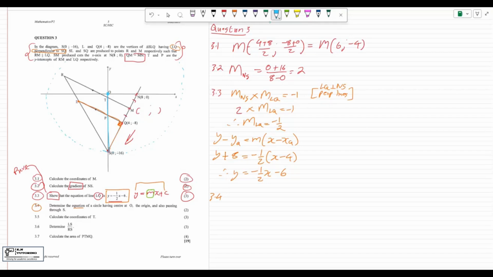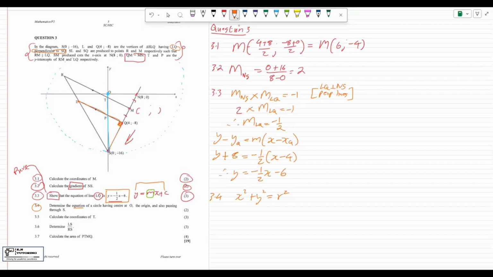All right. So we know that the equation of a circle is given by x squared plus y squared is equals to r squared. Since this is a circle with center O in the origin, we know that the a value and the b value is 0 and 0. That's why we use the x squared plus y squared is equals to r squared, right?